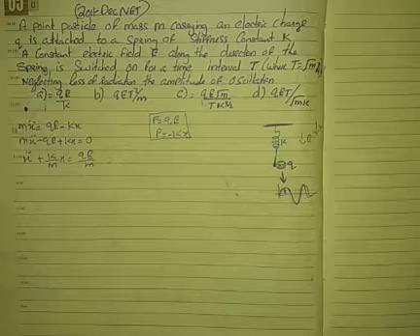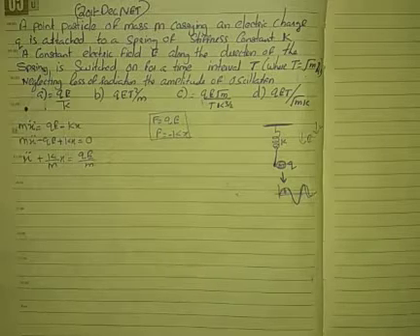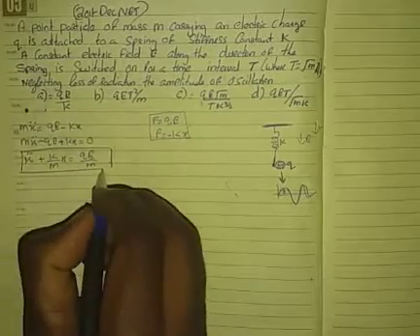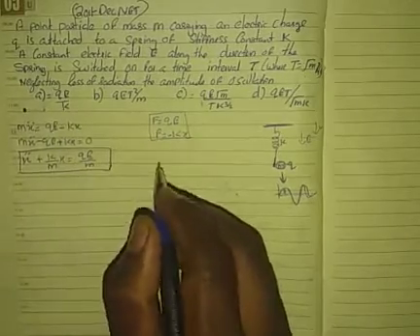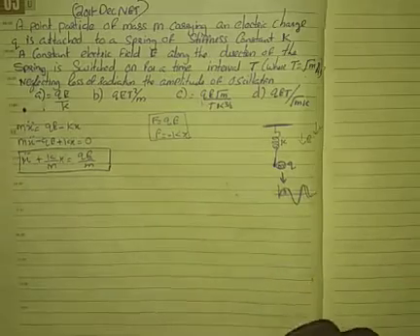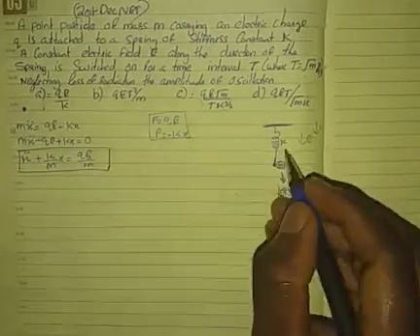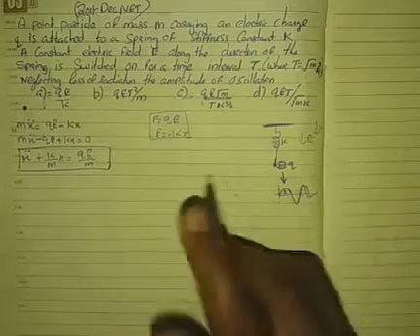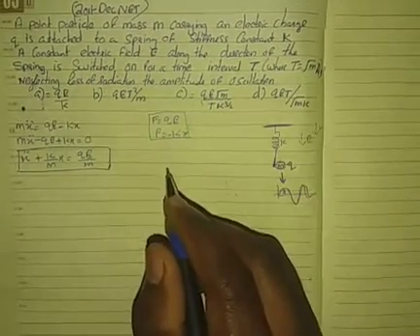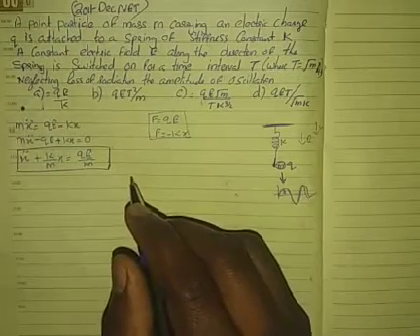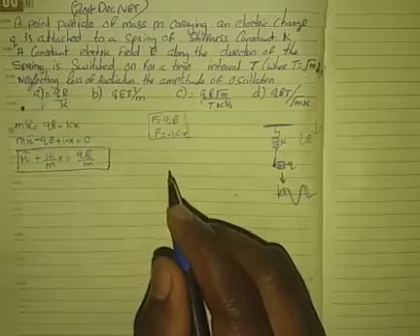The next thing we can do is solve this differential equation and find x as a function of t. We might get an oscillating function, some cos or sine, and there will be an amplitude for that, which is what we need.